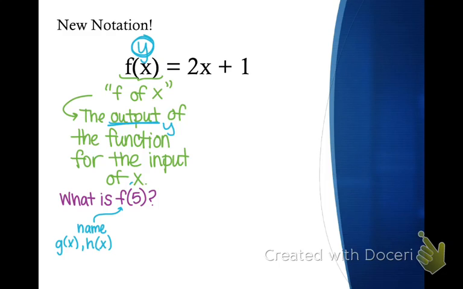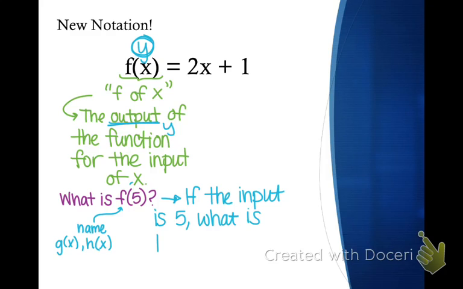So if it's saying, what is f of 5, the question that is asking us is really, if the input is 5, what is the output? And remember, that's really just a substitution problem. We would just take 5 and plug it in for x. 2 times 5 would be 10, plus 1, we'd get 11.